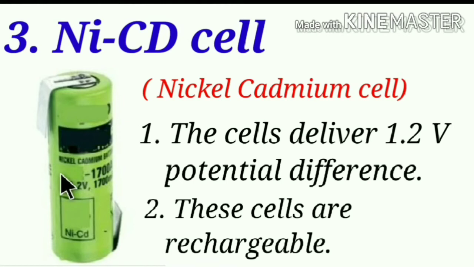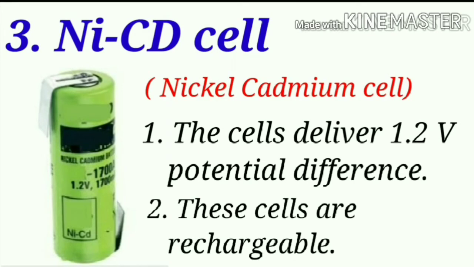These cells are used in some portable machines that run on electricity, like a drilling machine or gardening tools. The cells deliver 1.2 volt potential difference and these cells are rechargeable.